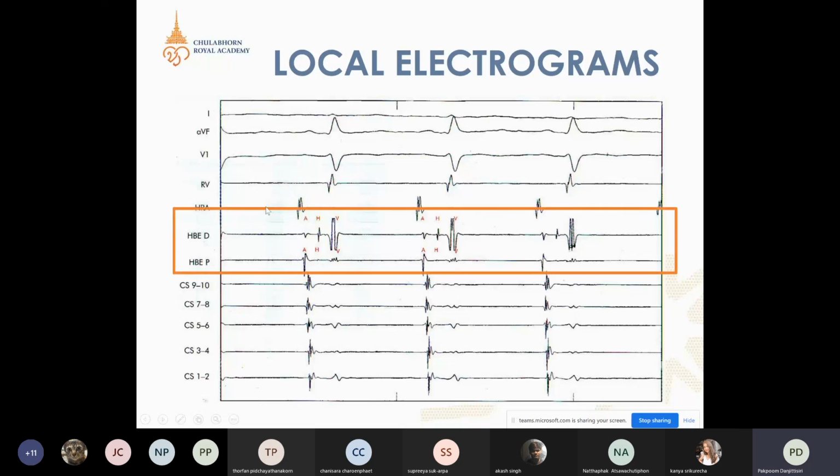After that, the His bundle catheter. Because the catheter is placed between the atrium and the ventricle, on the catheter we should see the atrial electrogram and the ventricular electrogram as well.